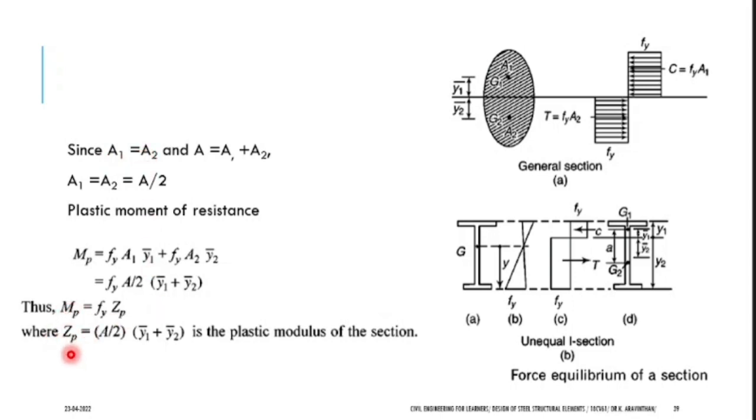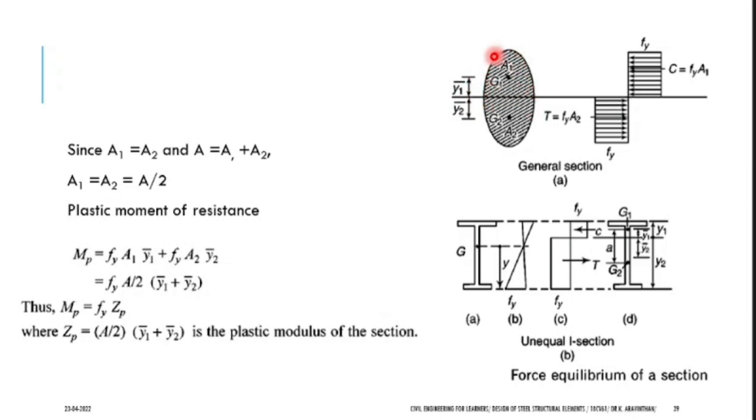If you need Zp, you can find A by 2 into (y1 bar plus y2 bar). What are y1 bar and y2 bar? Take an example. This is an oval shape. You can find y1 as follows: this is the first half.